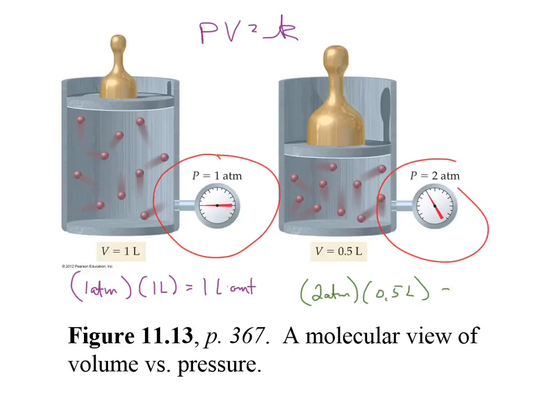And what number do we get? We get a value of 1, don't we? 2 times 0.5, so that's 1 liter atmosphere. So that's what it means. If you isolate it, the number of moles of gas is fixed, and we're assuming it's the same temperature. That's what that means. Kind of a cool mathematical situation.